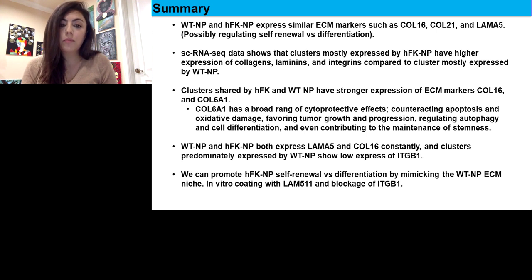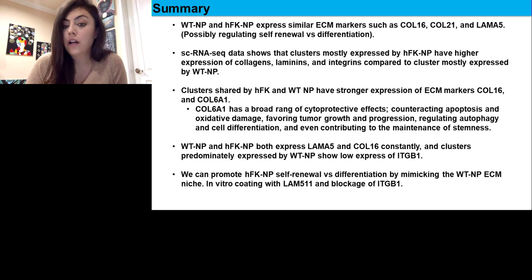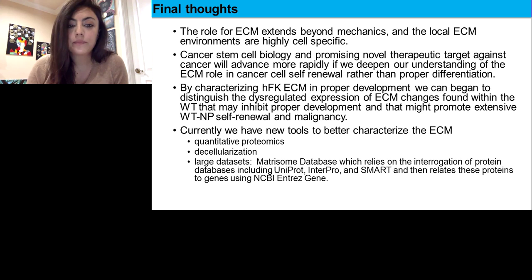So we find that we can promote in vitro human fetal kidney nephron progenitor self-renewal versus their differentiation by mimicking the Wilms tumor nephron progenitor extracellular matrix niche, using in vitro coating of laminin 501 and blockage of integrin beta 1. And final thoughts are that we should consider that the role of the ECM extends beyond mechanics, and the local ECM environment is highly cell-specific.